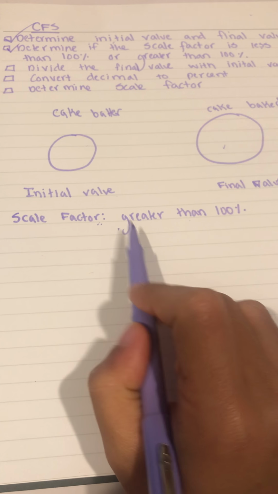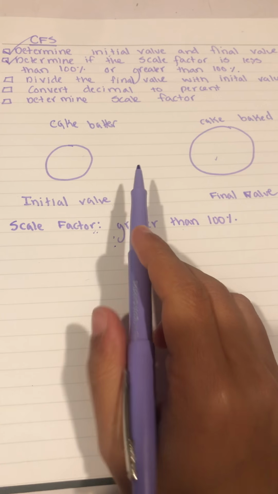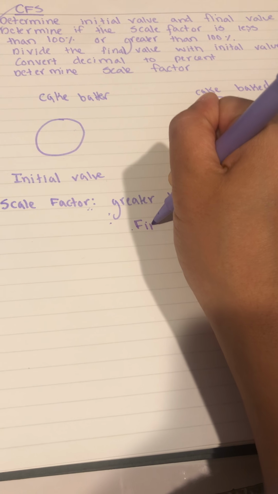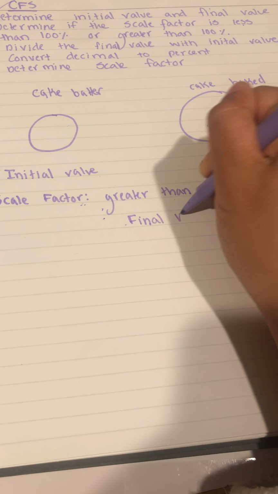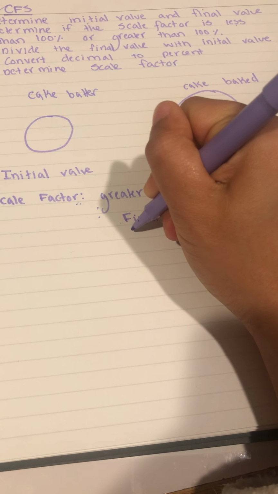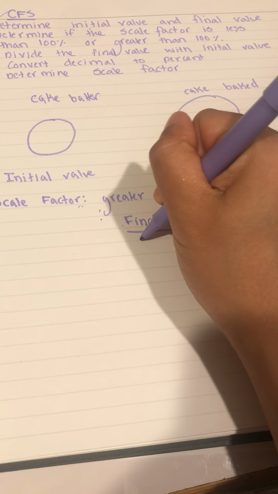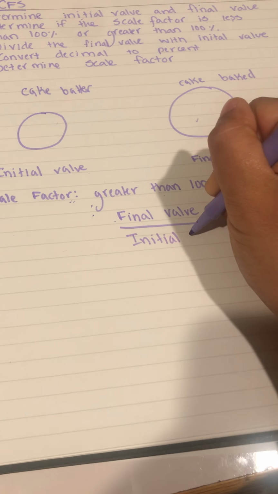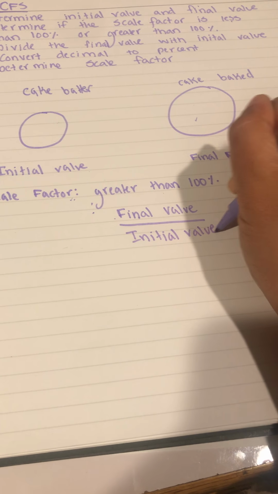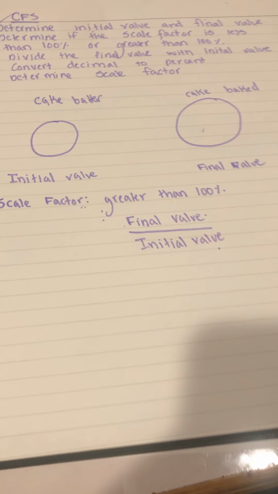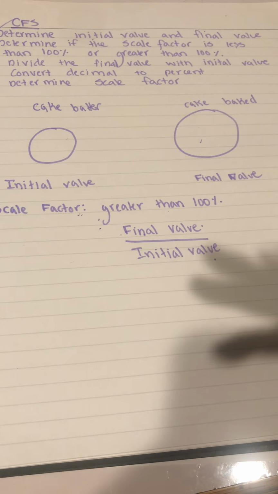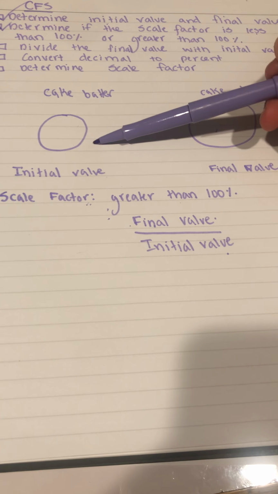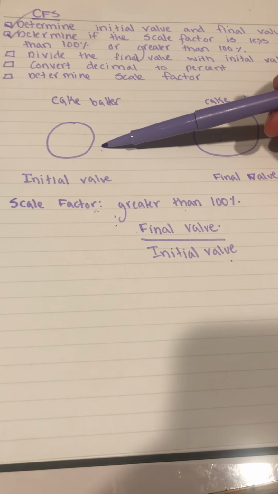On the bottom, here's what you're going to write down. Your scale factor is always the final value divided by the initial value. That's the ratio of my scale factor. It's the final to the initial, because you want to figure out how much the final value is getting bigger or smaller by compared to the initial value, what you started with.